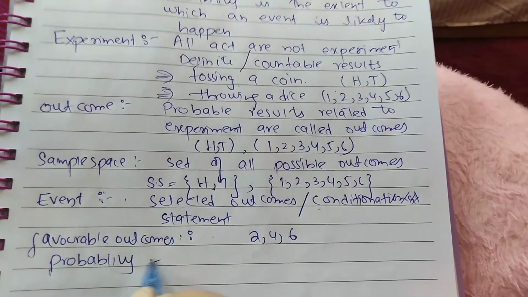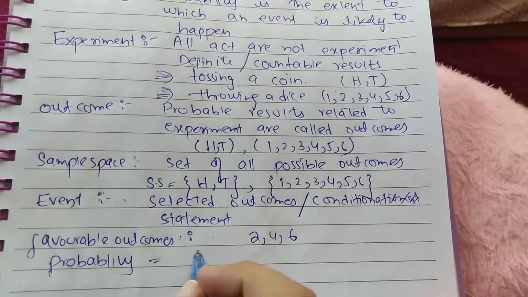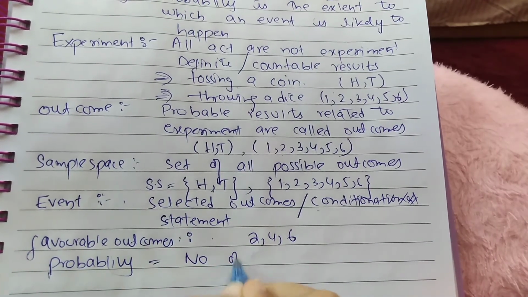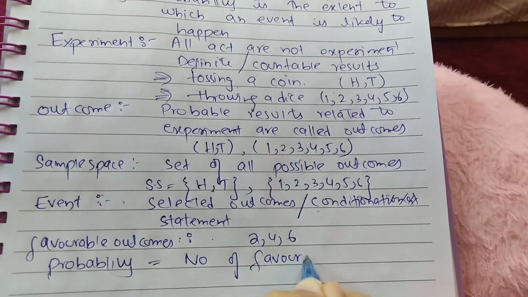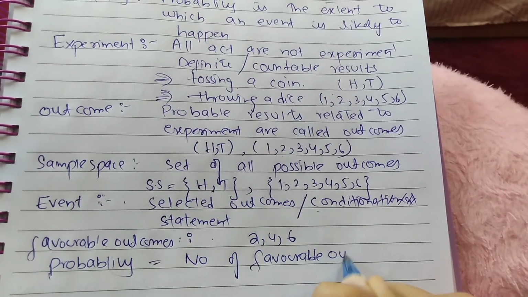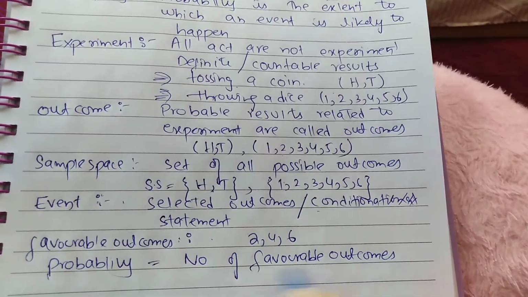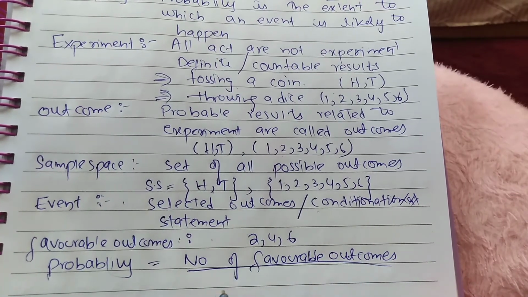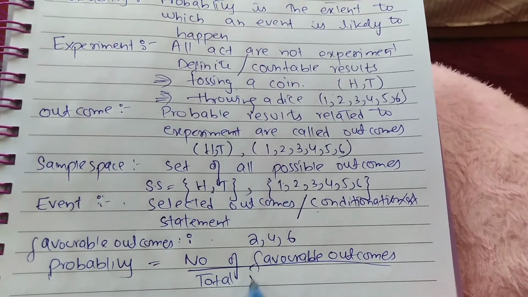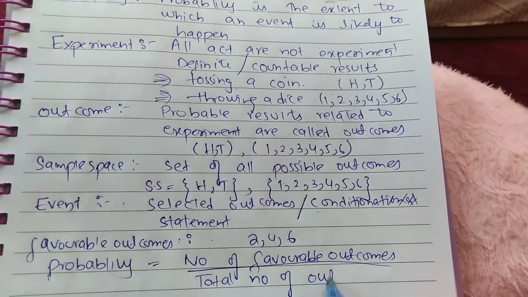So basically probability is number of favorable outcomes divided by total number of outcomes.